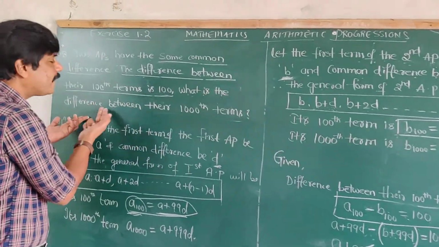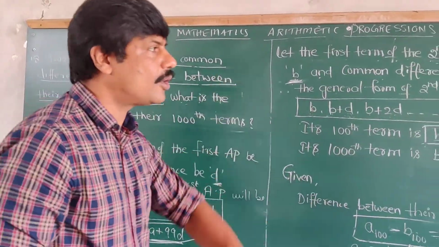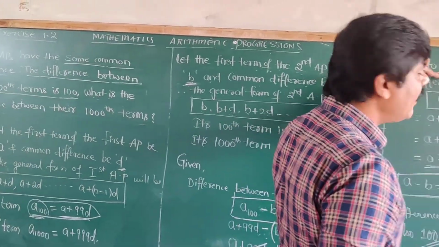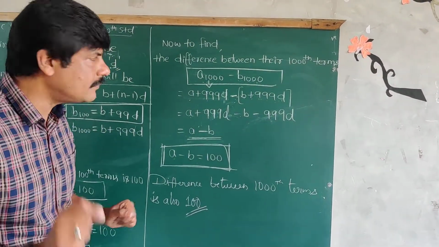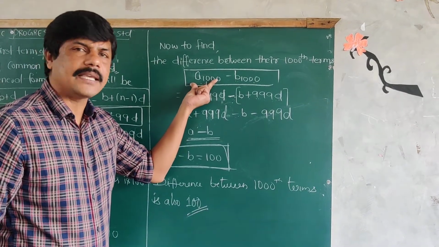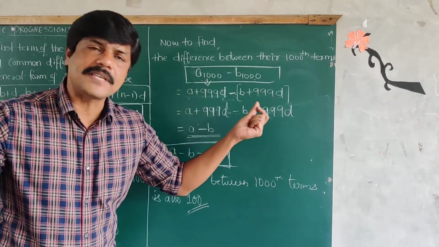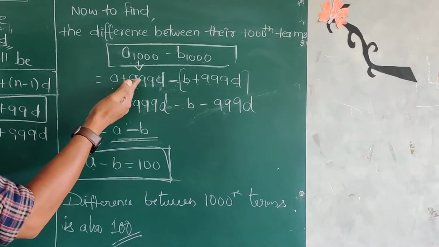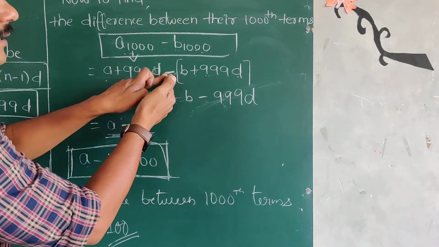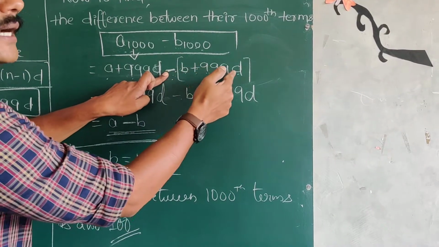What is the difference between the 1000th terms? Now come here, we will find the difference between the 1000th terms. The 1000th term of the first AP is A1000, and the 1000th term of the second AP is B1000. You know that A1000 is nothing but A plus 999D minus, maintain the bracket, B plus 999D.